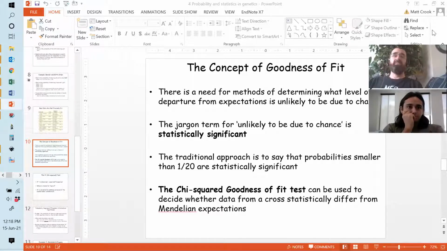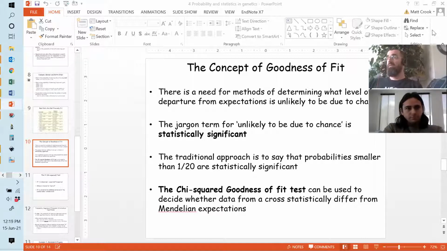A test that looks to determine if there's a difference between two groups will give you a different answer to this kind of test, which tests whether what you observe matches what you expect. You have to bear that in mind, because otherwise it can be confusing, particularly as the chi-square test works a little bit differently.